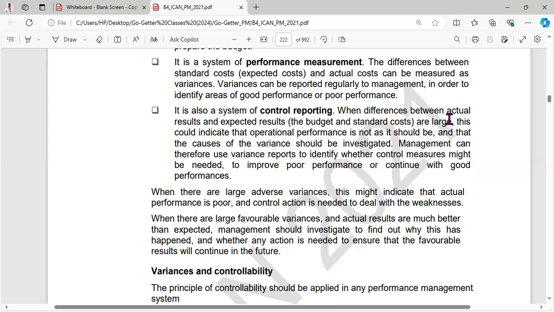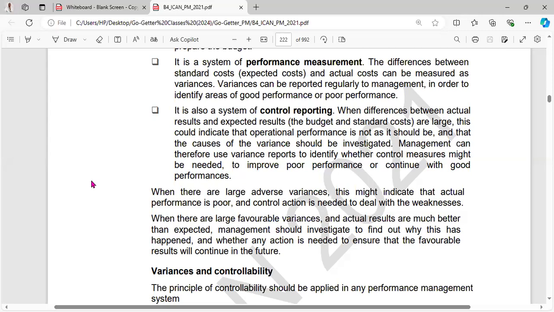When there are large adverse variances, when we say adverse variances, it means a negative variance. Okay, so how will I explain it now? When you go to the market with 20,000 naira, maybe to buy a shoe, and the market is saying the shoe now costs 22,000 naira, it is an adverse variance because the actual cost, what you spent on buying that shoe, is higher than what you carried to the market.